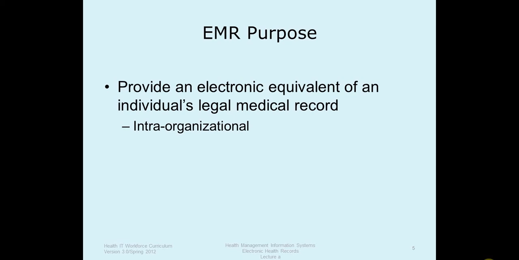All of that's where HIPAA comes in, right? It's the Health Insurance Portability and Accountability Act that says we can share this information without your consent if it's for reimbursement and the continuity of your care. What we can't do is give that information just to someplace else that's asking for it.